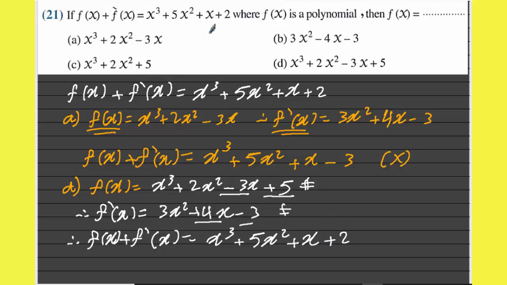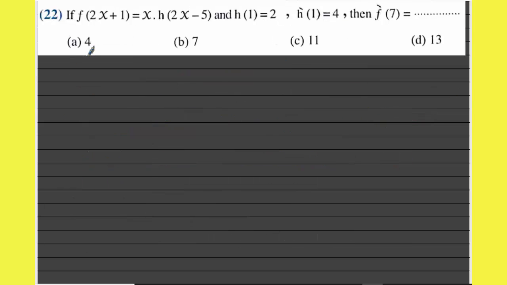And I think, yes, this is a solution: x power 3 plus 5x square plus x plus 2. So f of x is the polynomial in letter D.